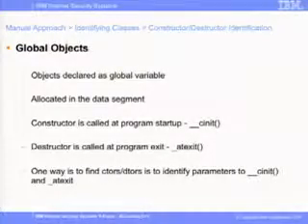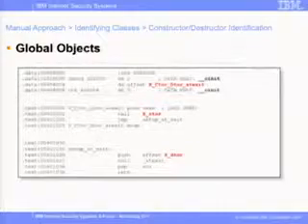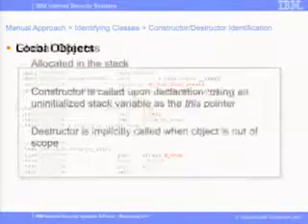One way to find the constructor and the destructor for a global object is to identify parameters to these functions, underscore cinit and underscore atexit. Here's an example of a global object. And here you have to analyze cross references to where the global variable is stored in the data segment to be able to look for the constructor.